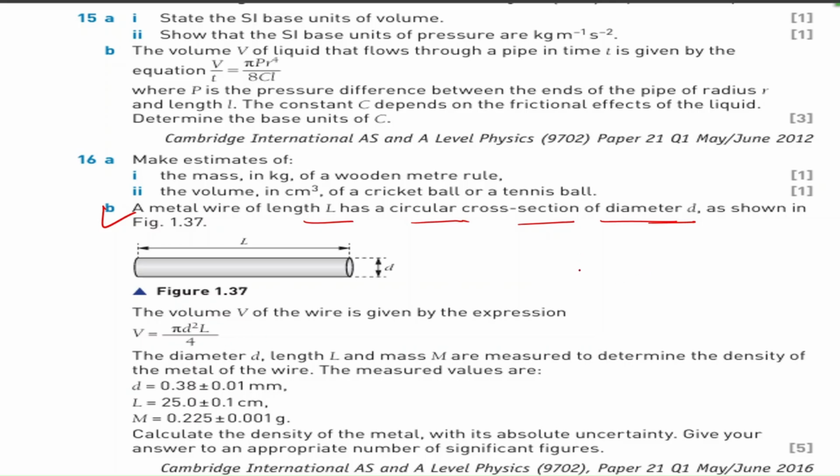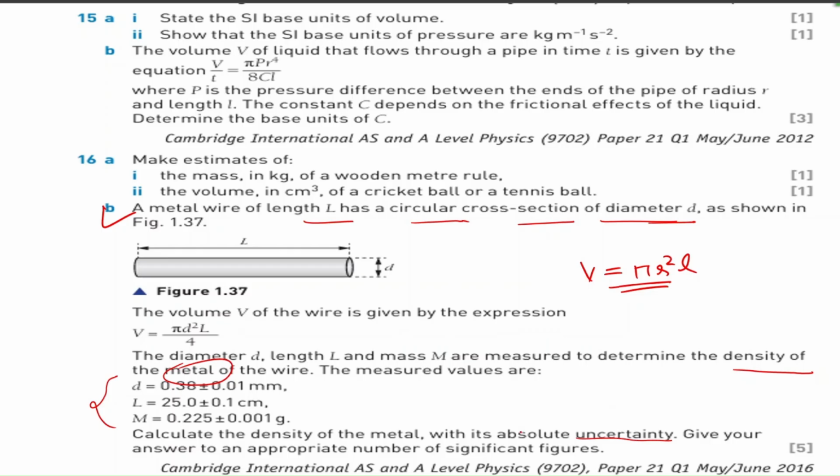We also know the volume of the cylinder is pi d squared L over 4. The distance D, length L, and mass M are measured to determine the density of the metal wire. They give some measured values of diameter, length, and mass. Calculate the density of the metal with its absolute uncertainty.